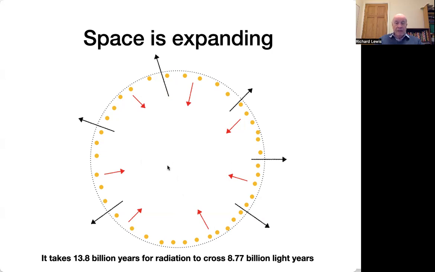And because of the expansion of space in this region, it takes 13.8 billion years for the radiation from that distance to cross 8.77 billion light years. And that's the explanation for this figure, because we know that the cosmic microwave background radiation is coming from a look-back time of 13.8 billion years.